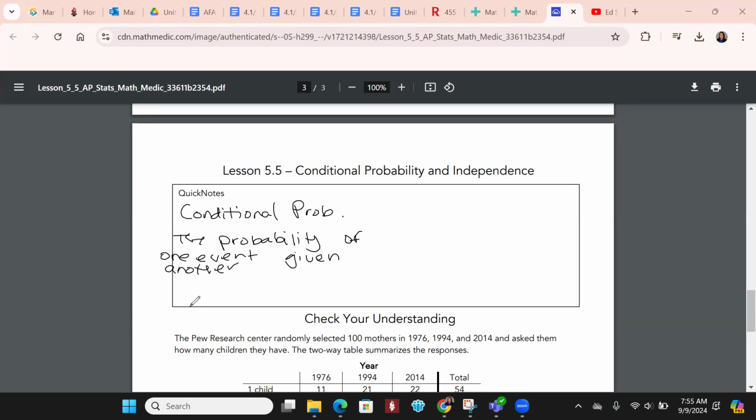You're going to see this formula: the probability of A given B is equal to the probability of A intersection B over the probability of B. So where they cross over, that's conditional probability.